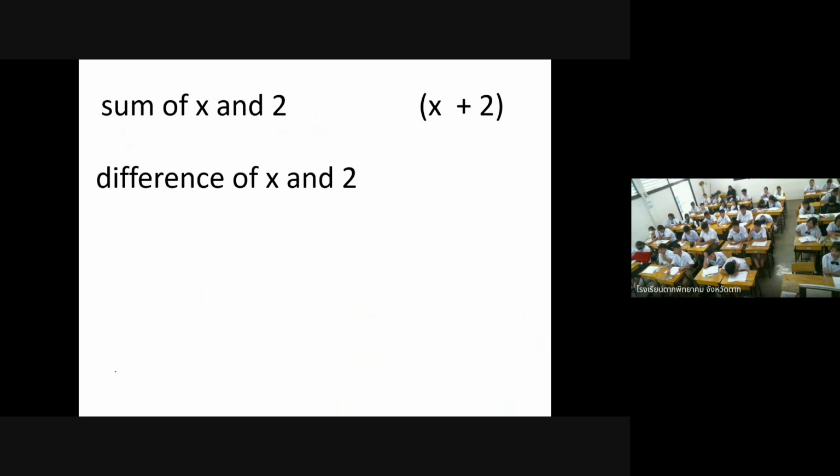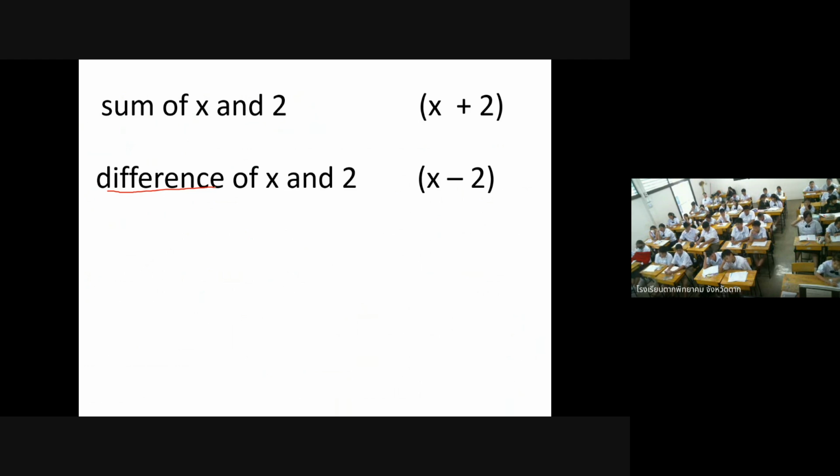Next, difference of X and 2. Everyone, the word is difference. If we're going to write this into symbols, it is the quantity X minus 2.